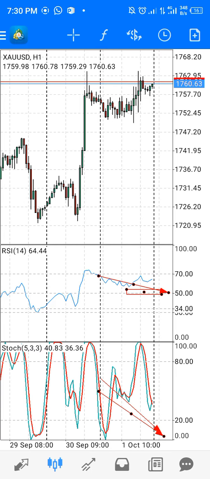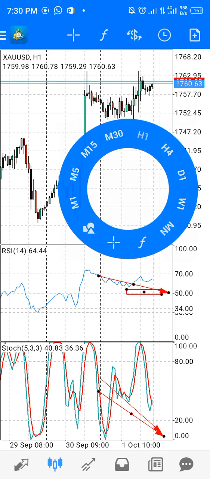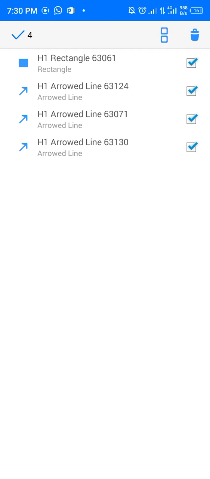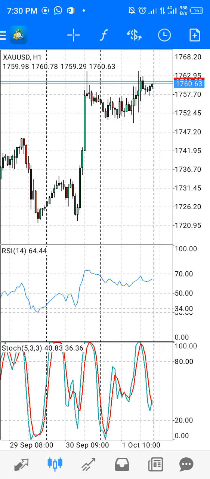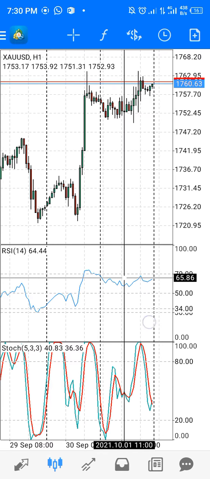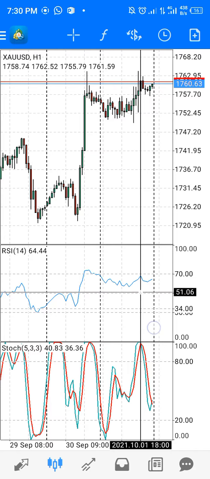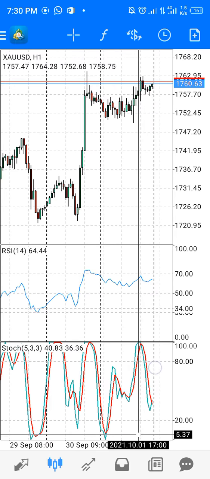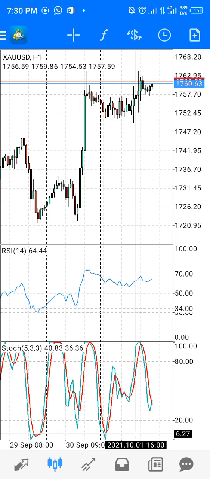That is how the strategy works. It's just a simple method of using these indicators.